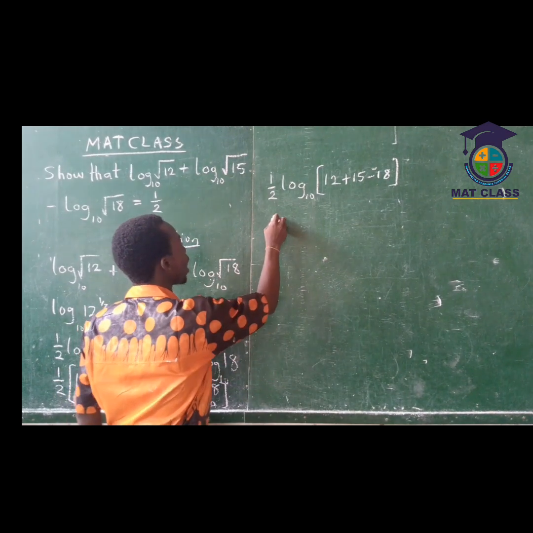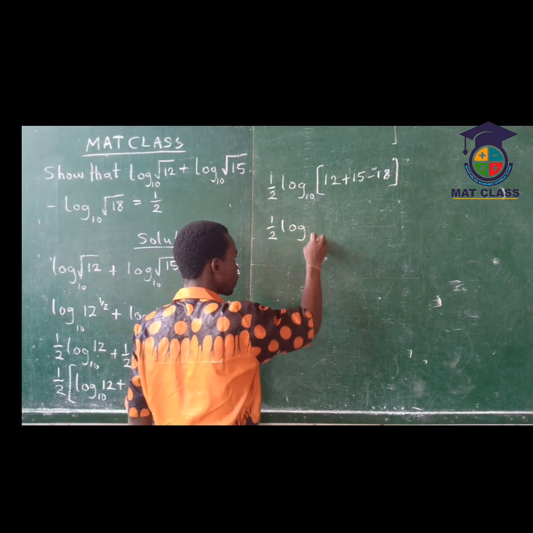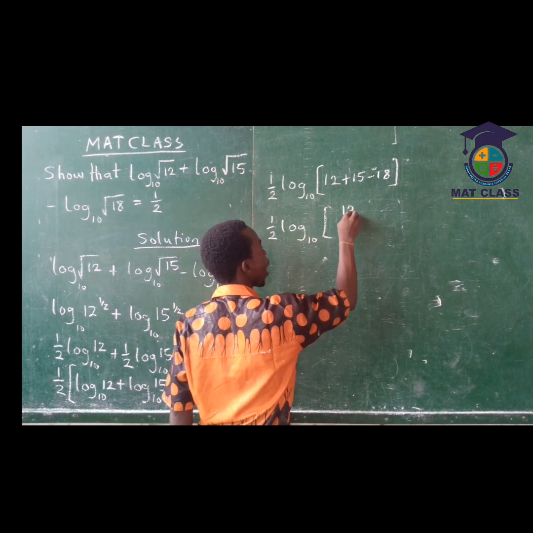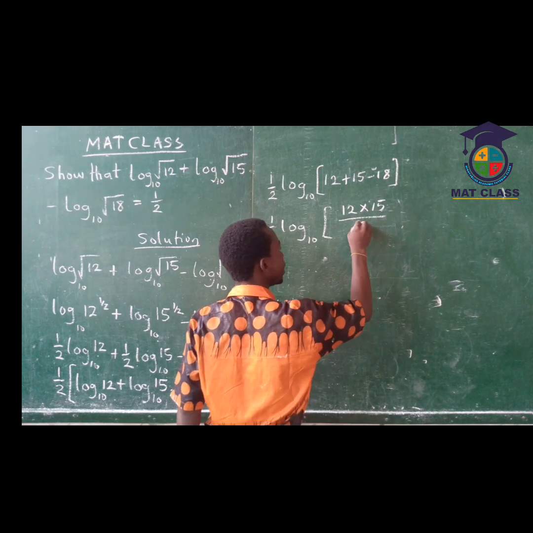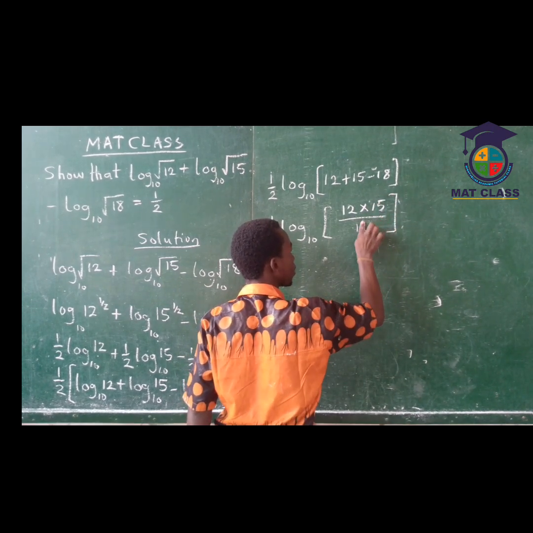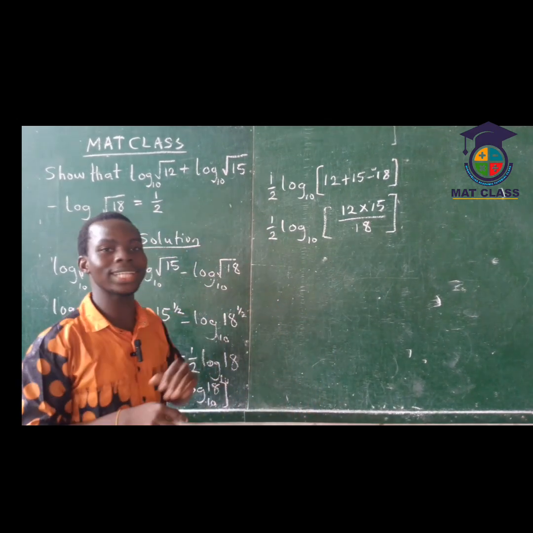And I will now be having 1 over 2, the log of base 10, open bracket, 12 multiplied by 15 divided by 18, close the bracket. Now, what is the next thing I'm going to do?